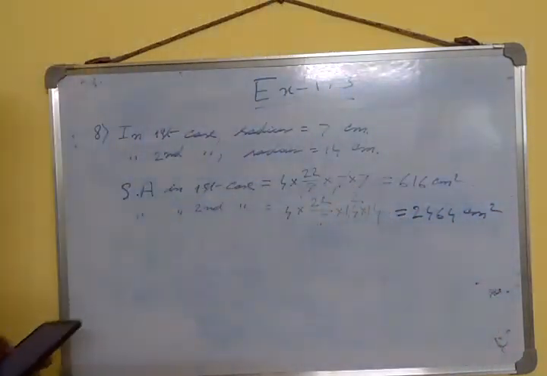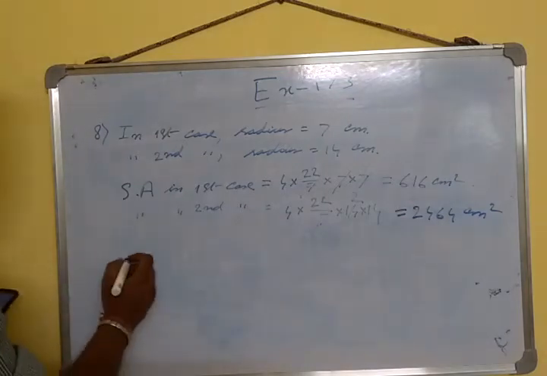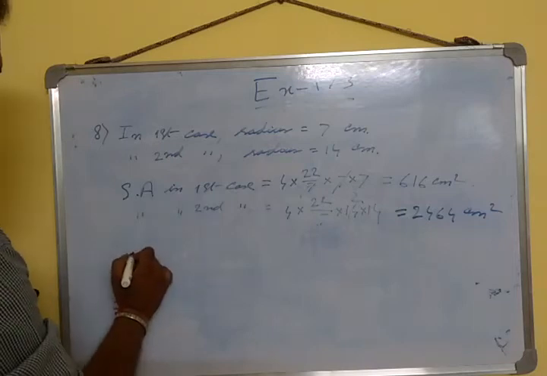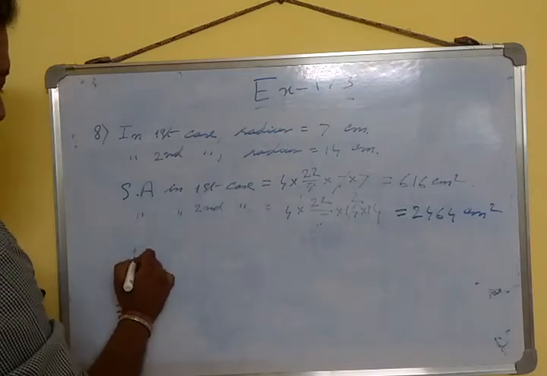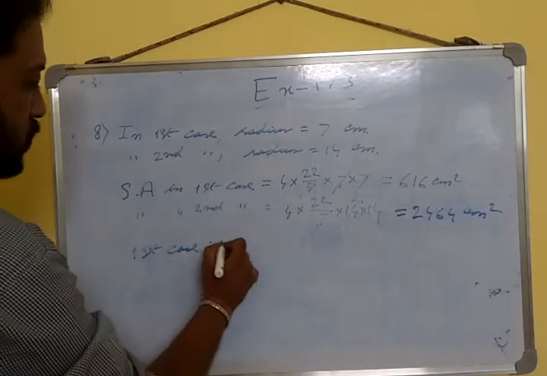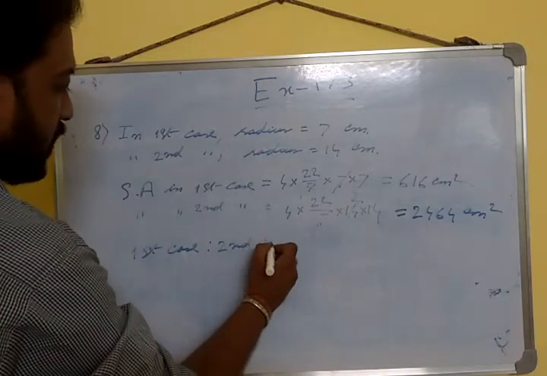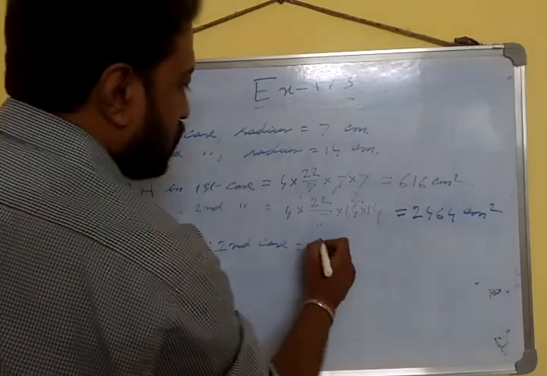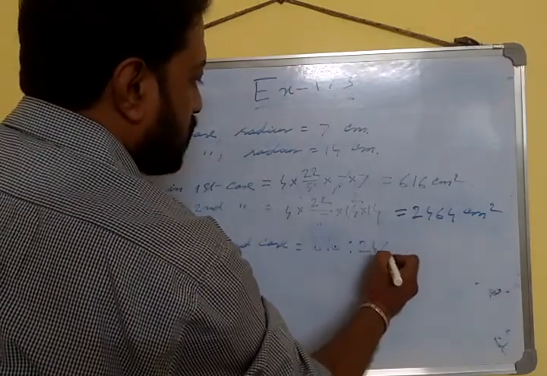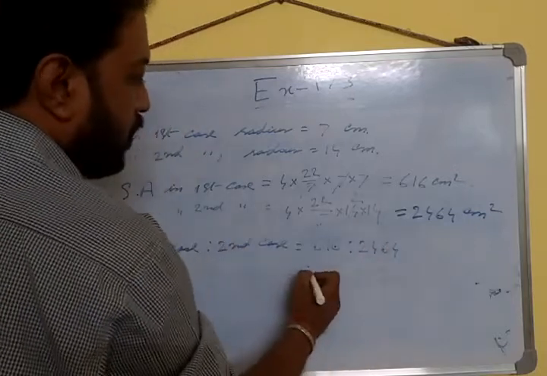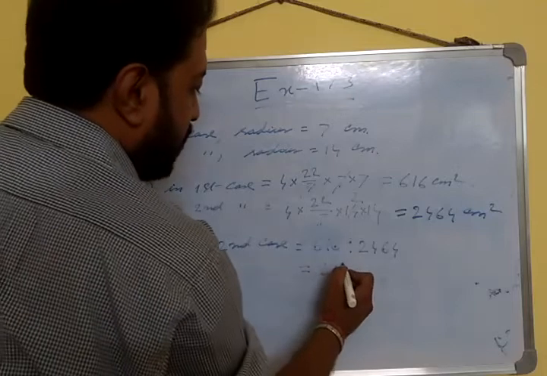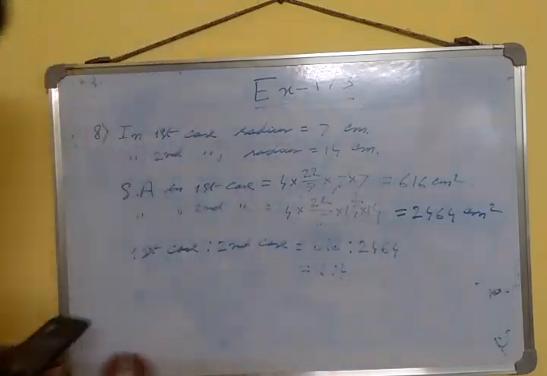So now the ratio is, if I want to find out the ratio, first case is to second case, that is equal to 616 is to 2464 equal to 1 is to 4. The math is finished. It is 1 is to 4.